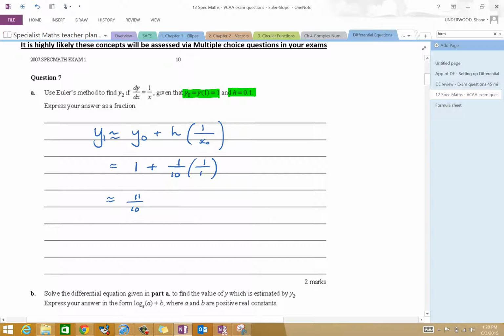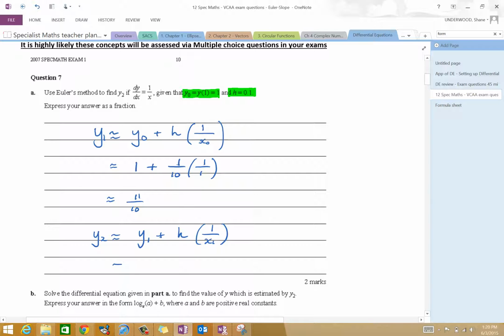So now what we have to do is y2 is approximately equal to y1 plus h of 1 over what? x1, thank you. Now, we found what x1 is and all of that business.